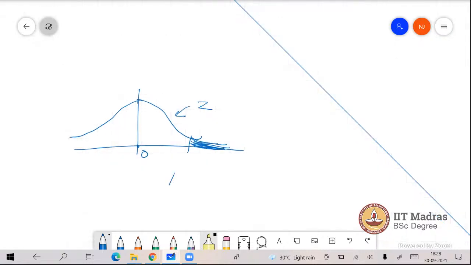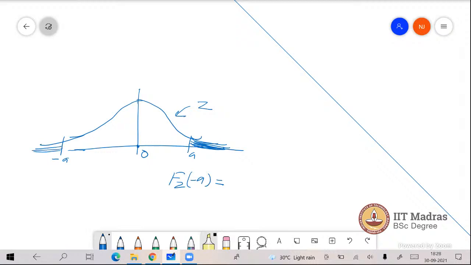Always remember this curve. It is always symmetric around 0. And let's say I need to find this tail area. Let's say this is the PDF of Z, this is minus A, and this is A. So what is F of Z at minus A?